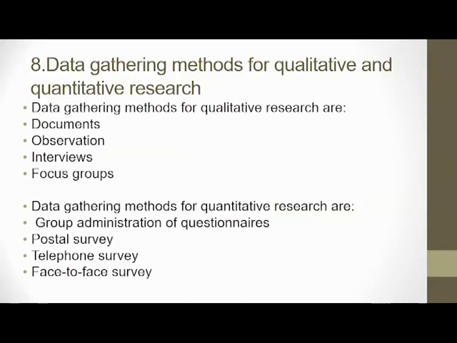They will go out there, then they'll have an observation instrument that they will use. Then they will just go there, observe, and make notes on the instruments. They will conduct interviews with the participants. They also have focus group interviews. While the quantitative mostly use questionnaires, they use telephone surveys and face-to-face surveys.